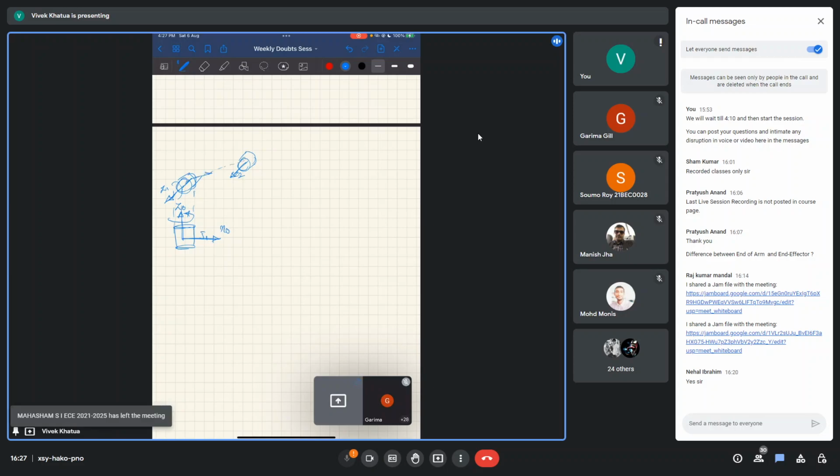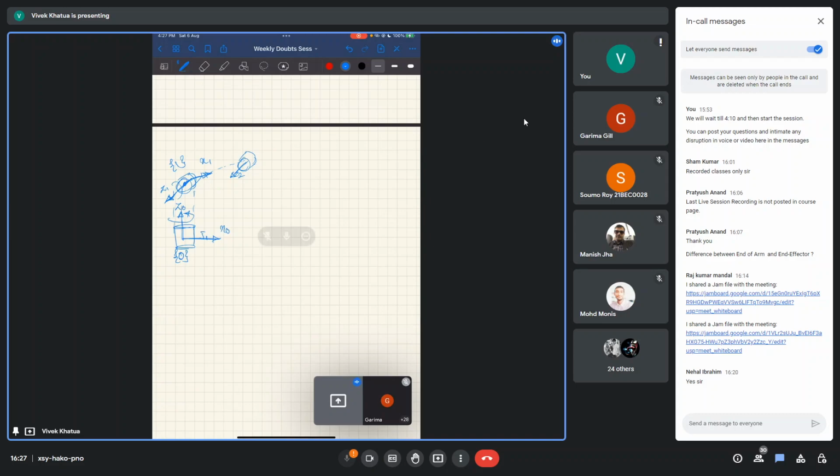I will put my link x2, x1, my mistake, x1. This is frame 1, this is frame 0. So in frame 1, at this center, I have x1 and z1.